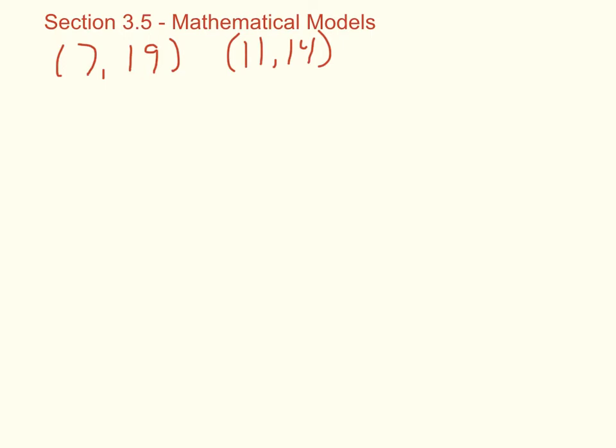Okay, as I was working through this problem, I noted that the second point was not 10, 14, it was actually 11, 14. If you don't believe me, hang in there for a minute and we'll go to the original graph and I'll show you where that point is. But take my word for it for a minute. Let's go figure out how to do the equation of the line.